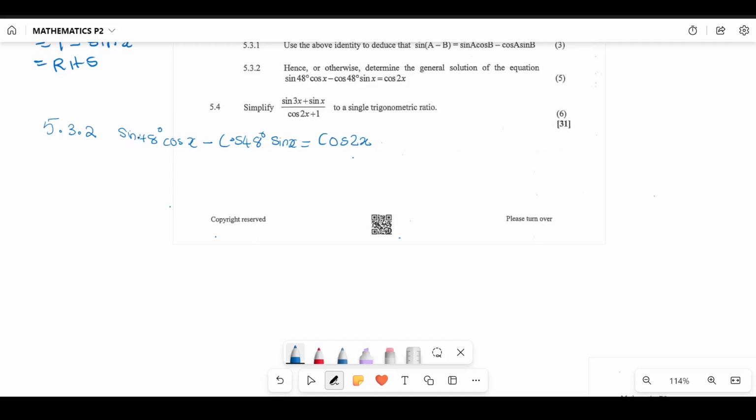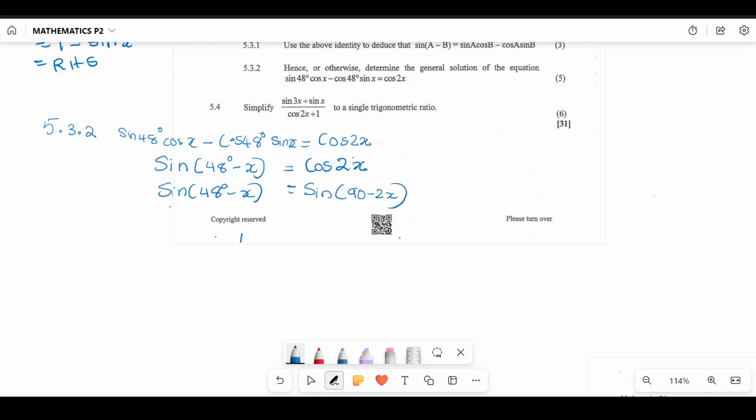So this is the compound angle formula for sin(A minus B). So it's sin(48 minus x) equals cos 2x. So you have to change one of them to sine. So let's change this part. So it's sin(48 degrees minus x) equals, let me say, sin(90 minus 2x).